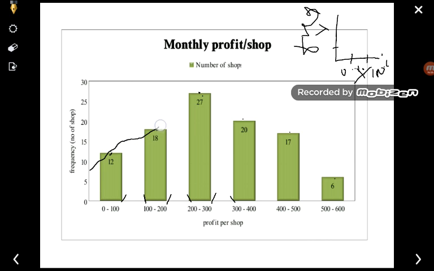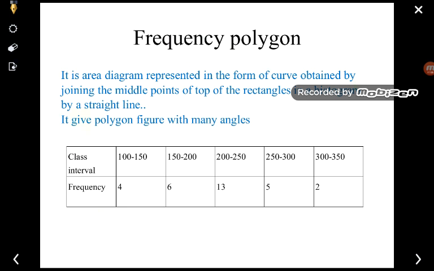So you will get many angles. What is this? This is nothing but the frequency polygon. So you have to plot the frequency polygon for this value. This is homework. How are you going to plot it? You have to plot the class interval on the x-axis and the frequency on the y-axis.